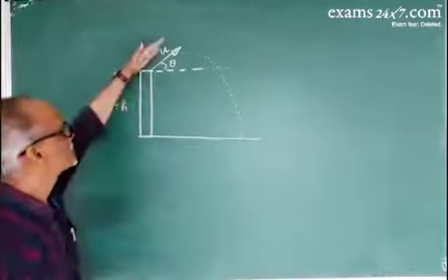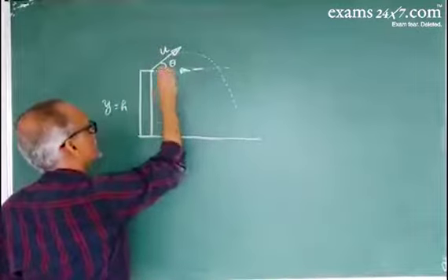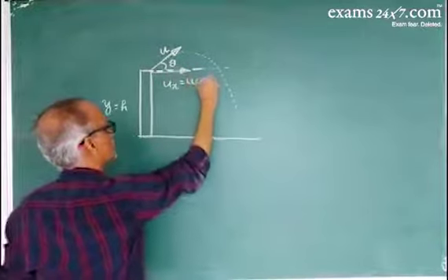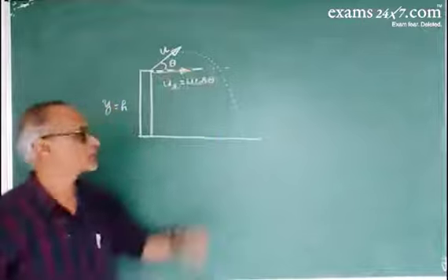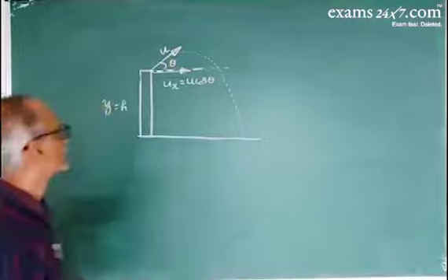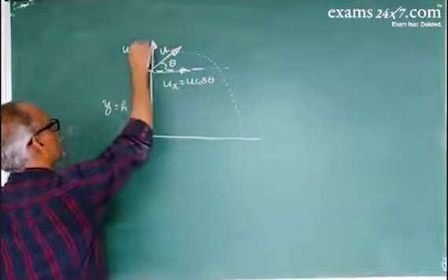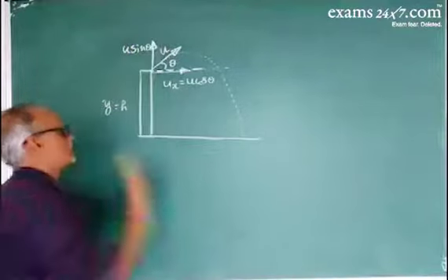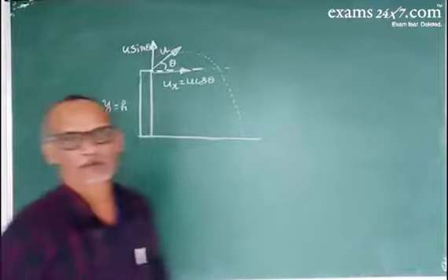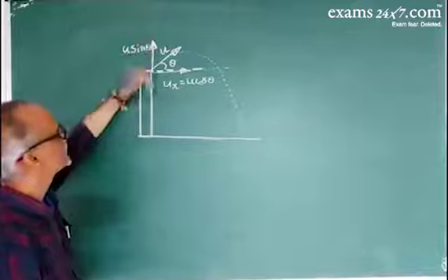So this u, I'm going to resolve into components. First is ux, and that ux is equal to u cos theta. So this time the horizontal component at each and every point is u cos theta. What is the vertical component here? That will be u sin theta. But since I need the motion of the body in the downward direction, I'm going to consider a downward vector.